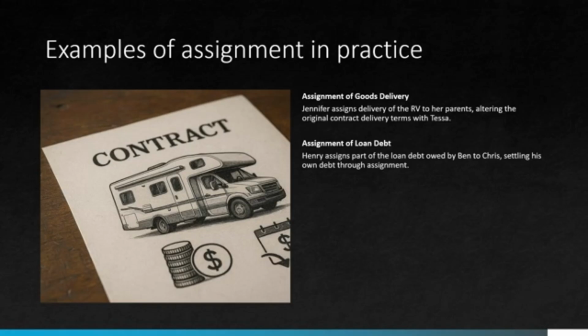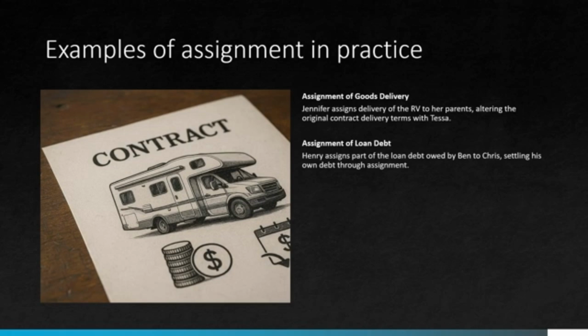Here's another example. Ben owes Henry $500 under a loan agreement. So after the contract is entered into with Henry for $500, Ben needs to pay it back. So he owes him money. Then after the agreement, Henry learns he owes Chris $250 for some reason.